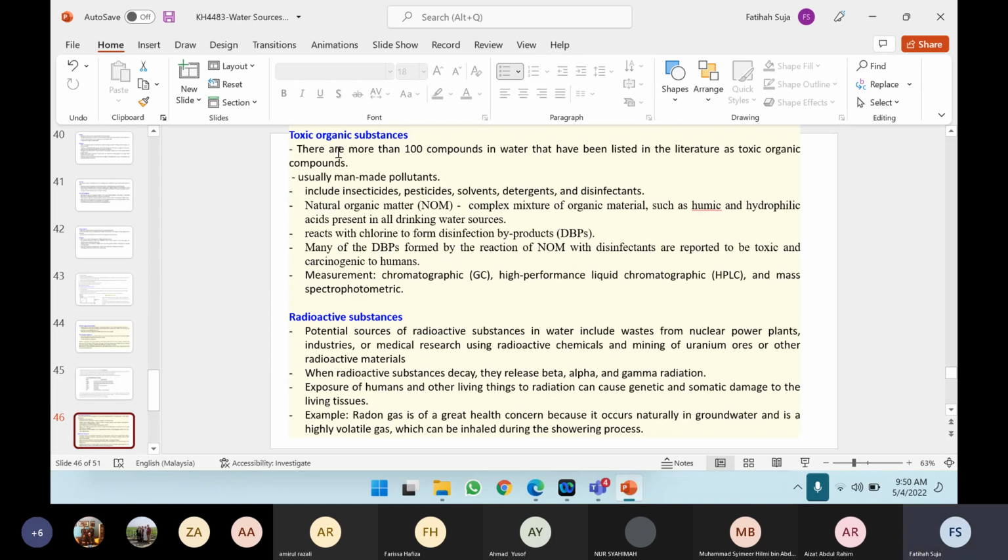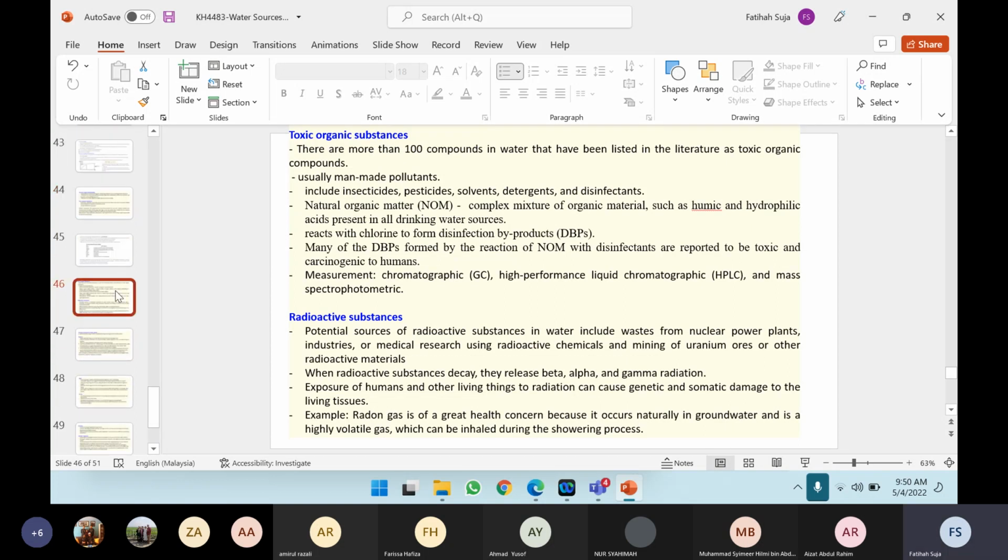Just now we talked about organic substances, that most of them are not harmful. Okay, I have a few more slides. They are not harmful, but some of the man-made pollutants are toxic. These include insecticides, pesticides, solvents, detergents, and disinfectants.